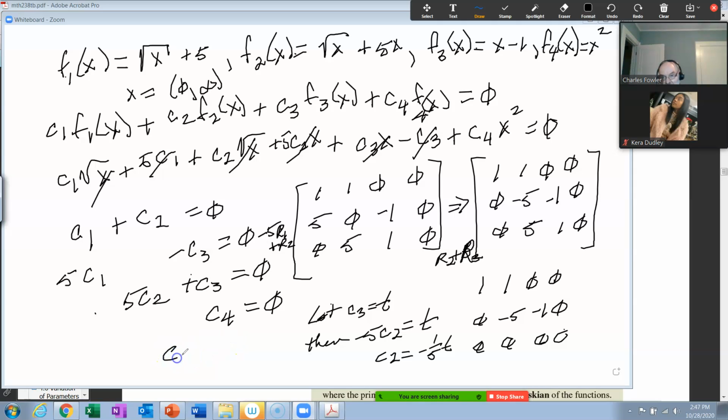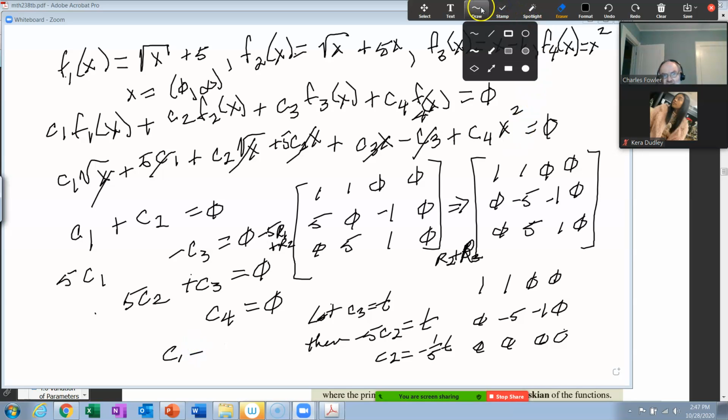And then C1 plus C2, which is a minus 1/5 t, is equal to 0.